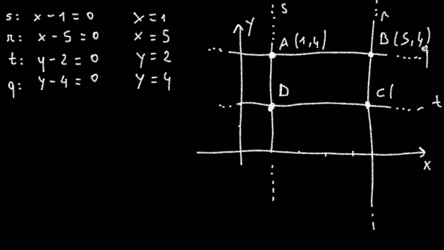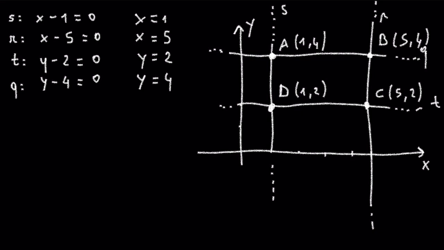C has coordinates 5, 2. And D finally has coordinates 1, 2. Now you can clearly see that the 4 lines define the rectangle, and our goal is to find the area and the perimeter of this rectangle.